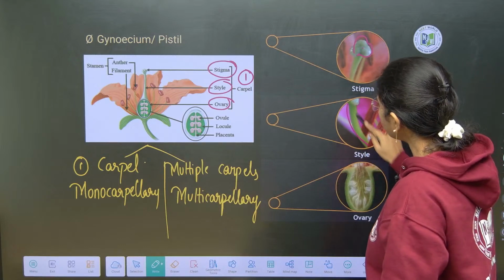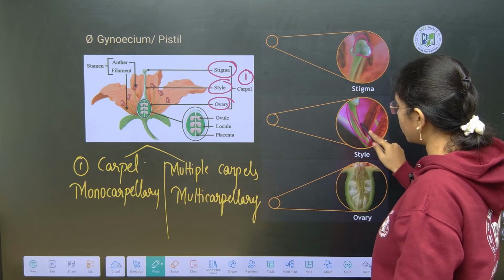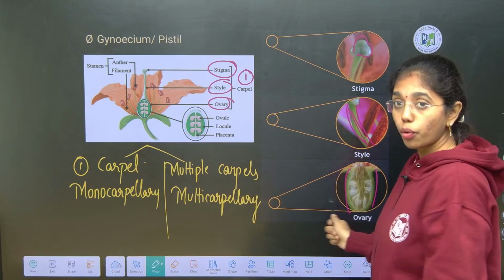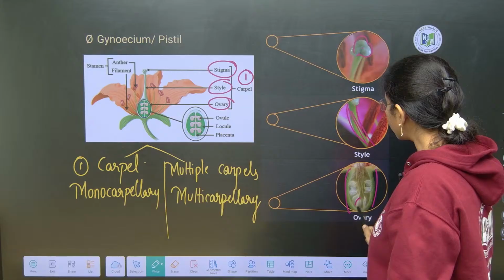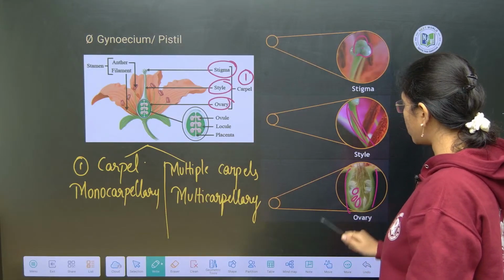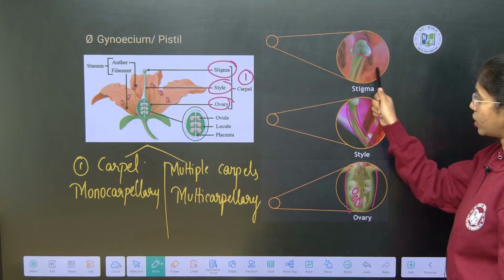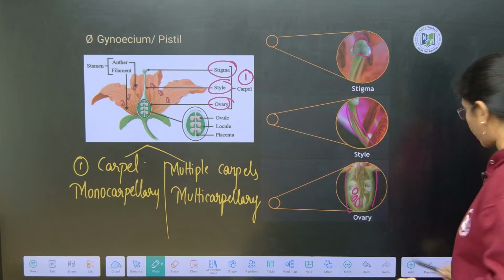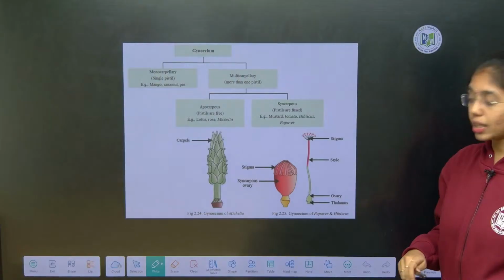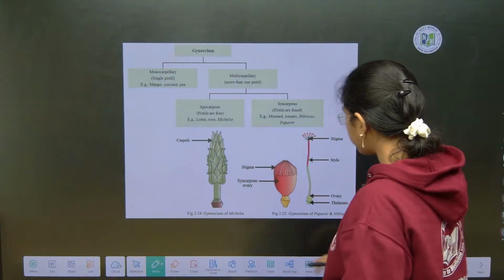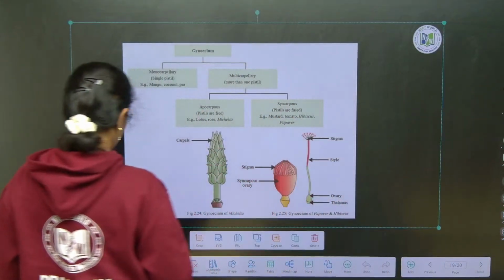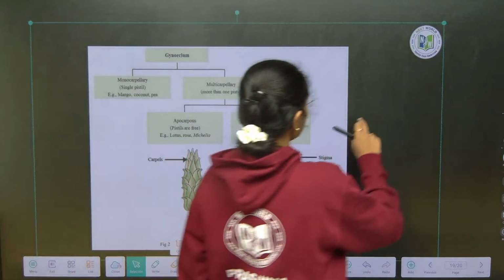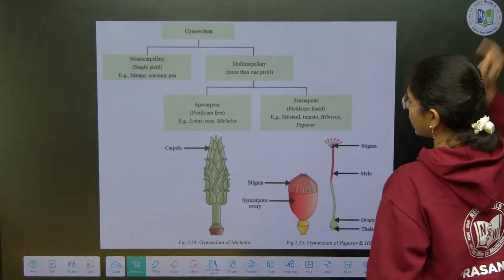Then this long tube in which pollen tube will grow is style, and the basal bulged portion is called ovary, inside which ovules are present. Clear, right? So stigma, style and ovary will form one carpel unit. Based on the carpel units you have monocarpellary and multicarpellary.